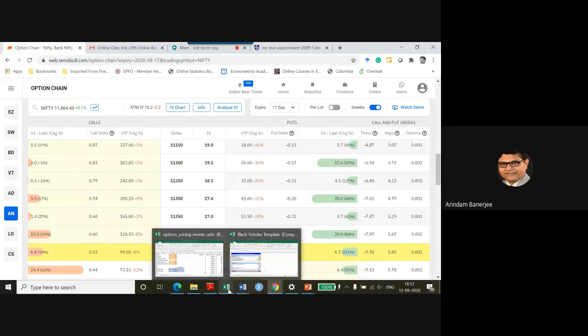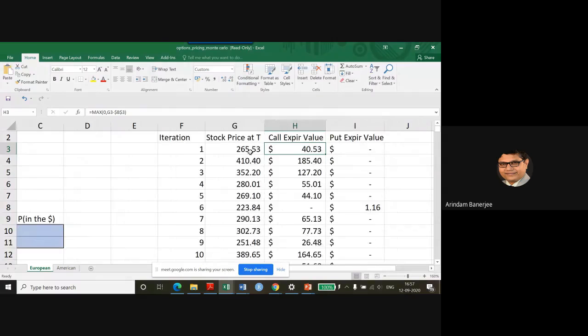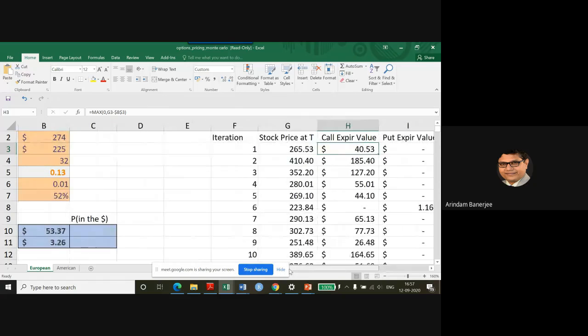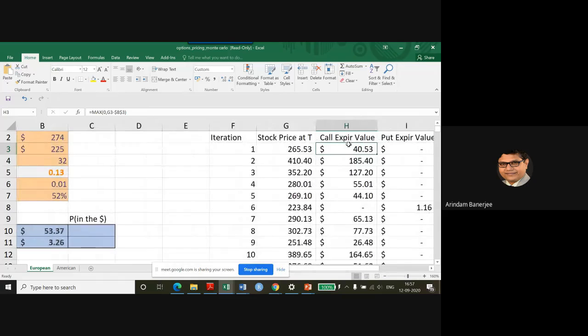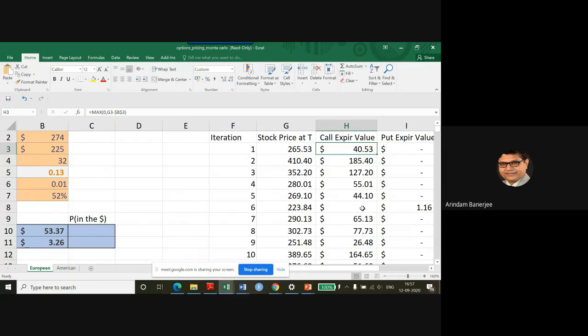Same here. The strike is lower than spot, so the call is in the money. The value is the difference between the spot and strike, so 265.53 minus 225, which is 40.53.